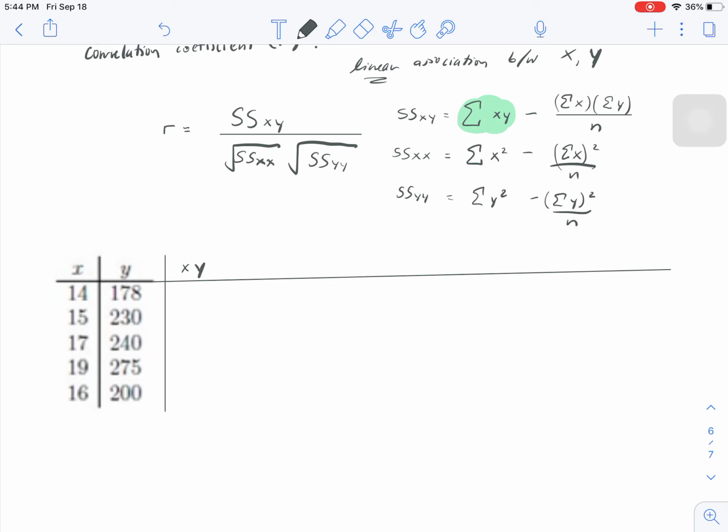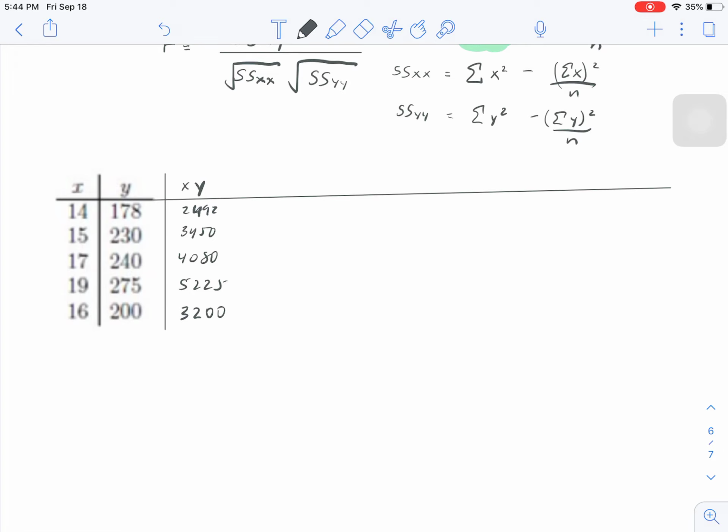So 14 times 178 is 2492. 15 times 230 is 3450. This is 4080. 19 times 275 is 5225. And then 16 times 200 is 3200.